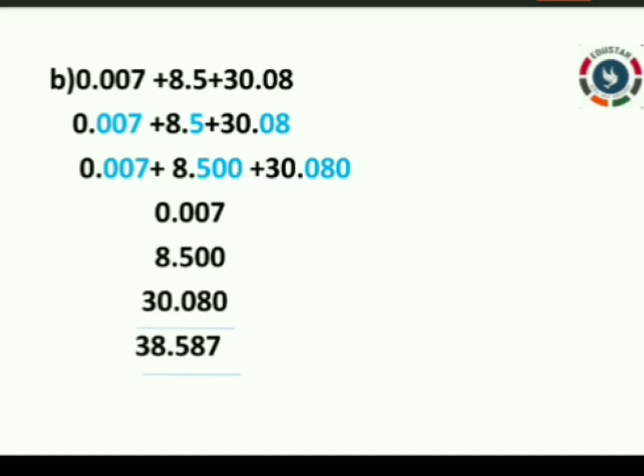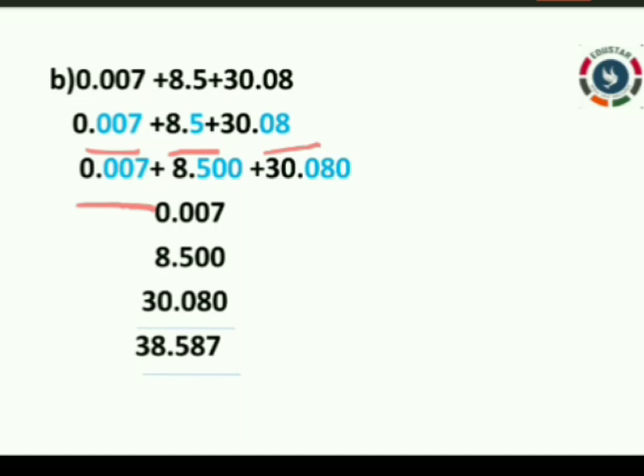Next one, 0.007 plus 8.5 plus 30.08. First you have to check the decimal places. 3 decimal places, 1 decimal place and 2 decimal places. So the first step, you have to convert these unlike decimals into like decimals. 3 is the greatest decimal place, right? So now I am going to convert the remaining into 3 decimal places. You have 8.5, so you have numbers in the 10th place alone.